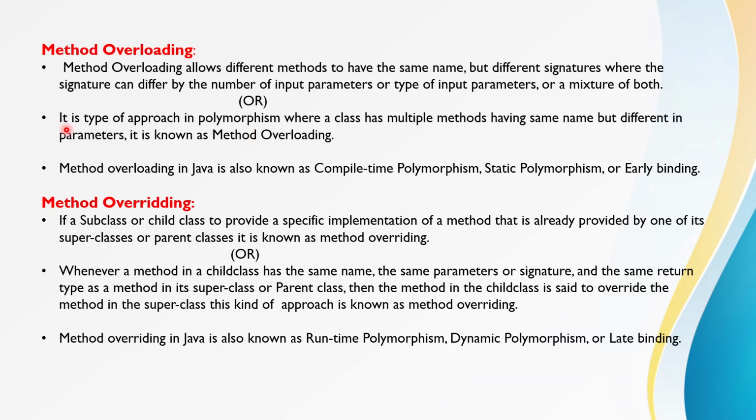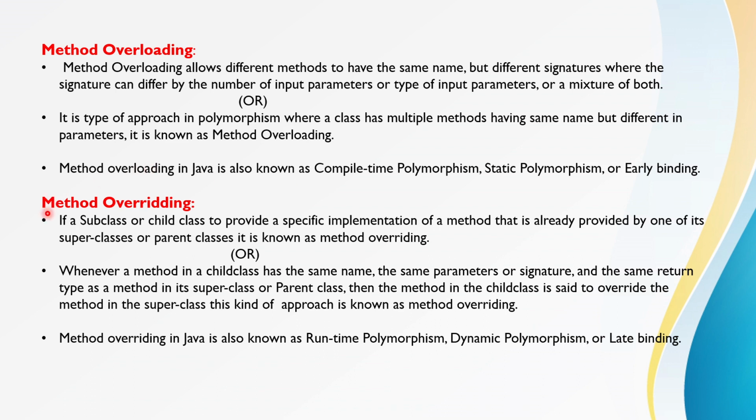Another definition: it is an approach in polymorphism where a class has multiple methods with the same name but different parameters. It is known as method overloading. Method overloading in Java is also known as compile time polymorphism, static polymorphism, or early binding.